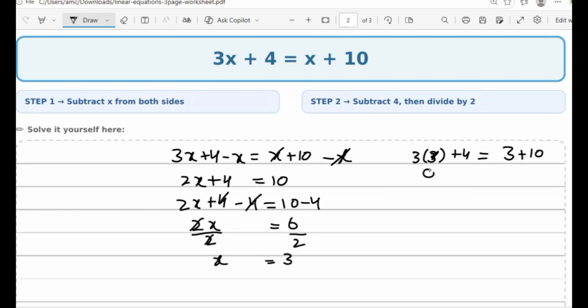So 9 plus 4 is equal to 13. It means that our left hand side is equal to right hand side, so our answer is correct.